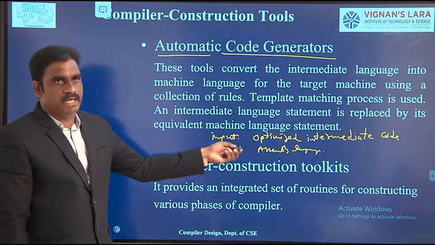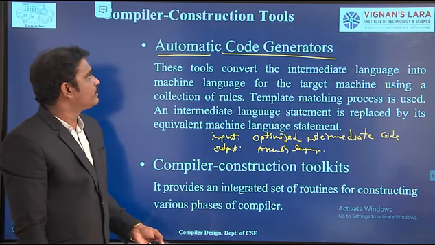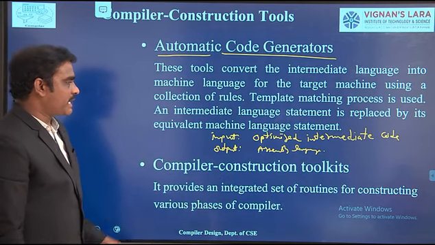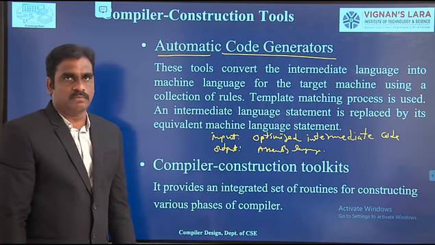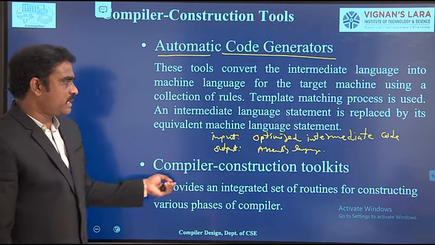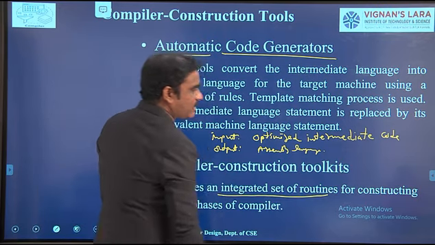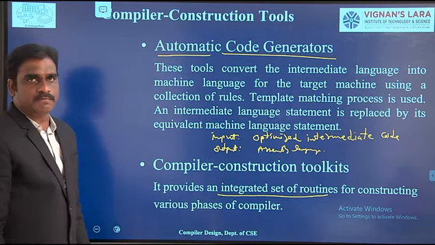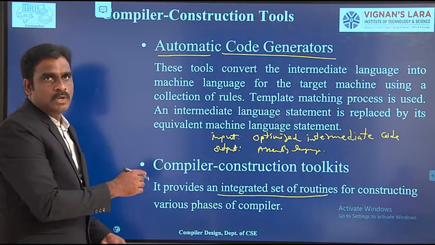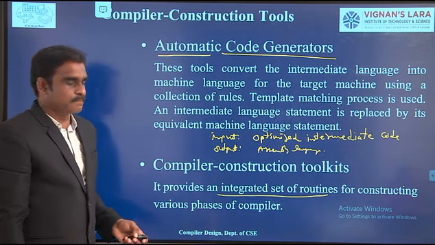And the last one is compiler construction toolkits. The purpose of this one is that it provides an integrated set of routines for constructing various phases of a compiler. That means we have to match more than one phase.